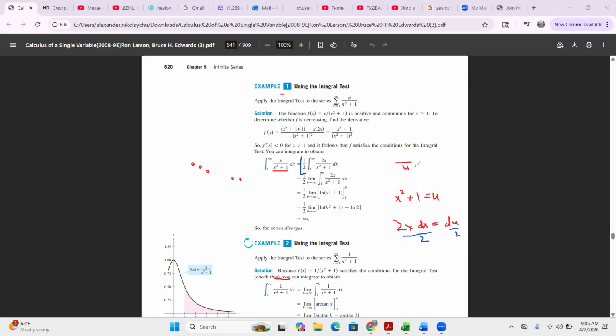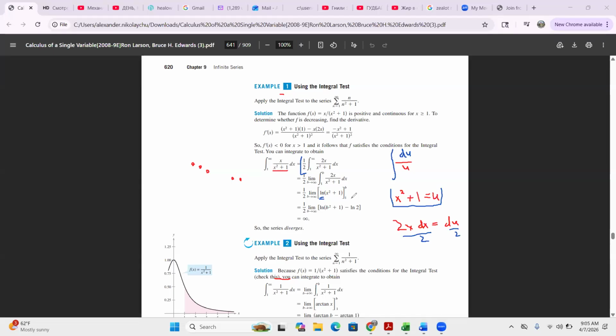And then we end up with integrating du over u, right? And that means you end up with a natural logarithm, and that's exactly what they have here. Natural logarithm of u, and instead of u, I put back my substitution, so it'd be natural logarithm of x squared plus 1.